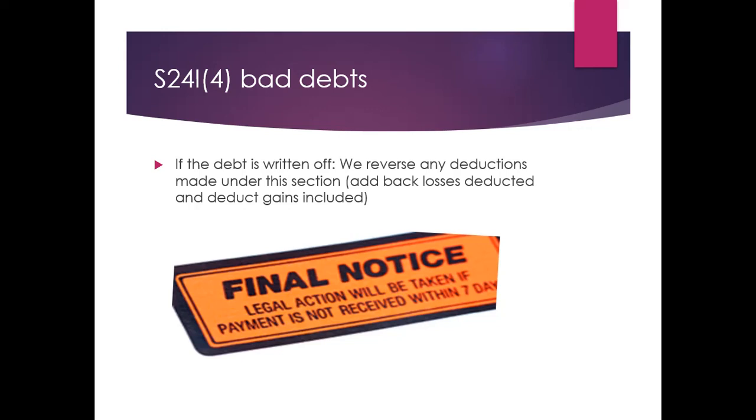So it's just reversing what you did, but you do that in the year when that debt became bad or was written off. So it is important that you remember to do that and you do those signs correctly. What you added, you reverse. What you deducted, you add back. I think that one is simple. I just wanted to note that it should be the debt that is owing to you, not that you owe to someone.